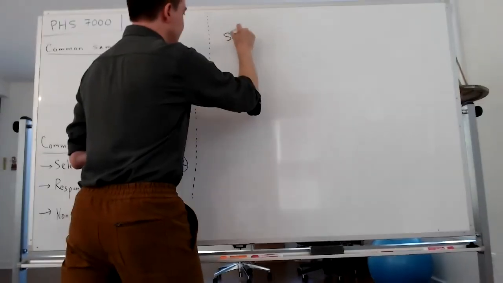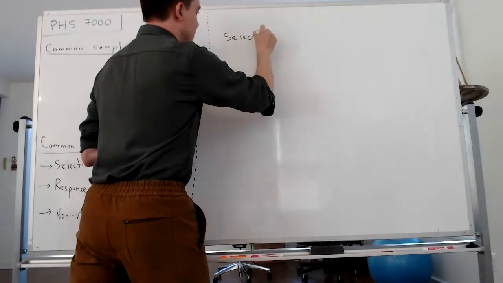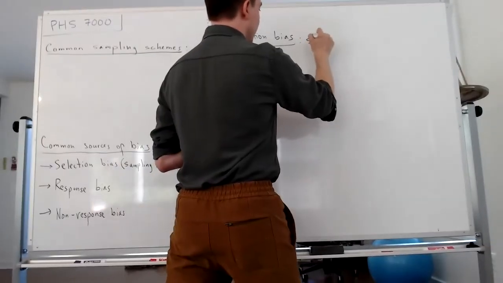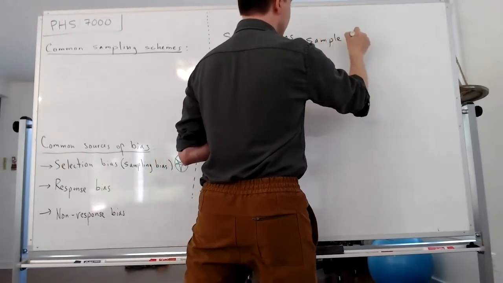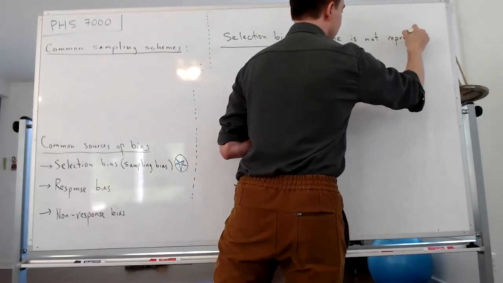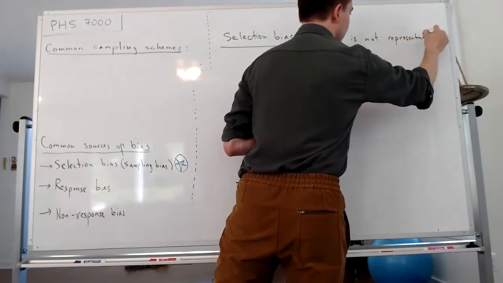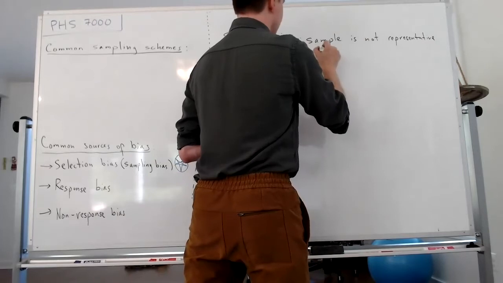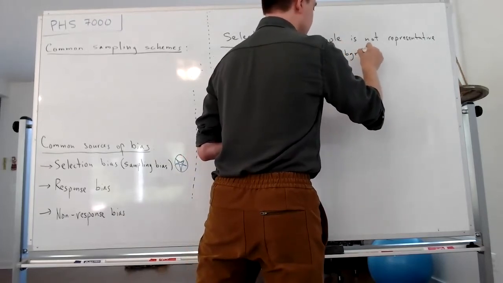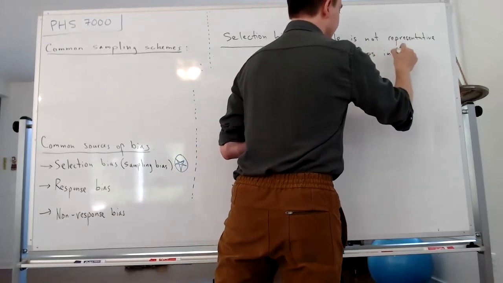So selection bias occurs when the sample is not representative of the subgroups in the population.